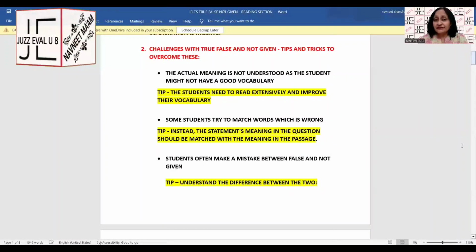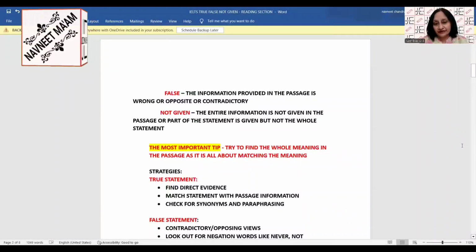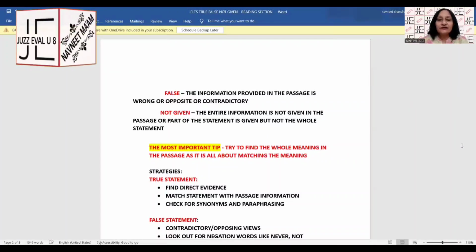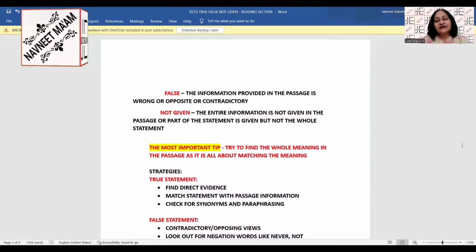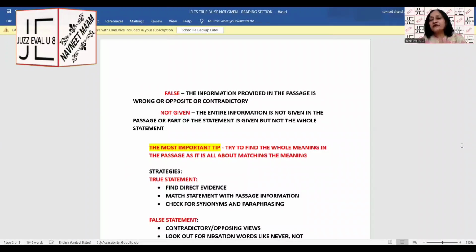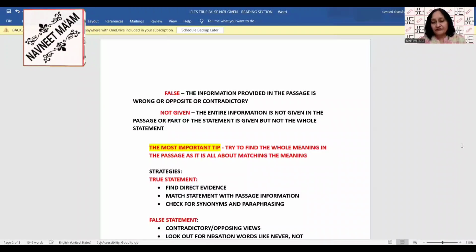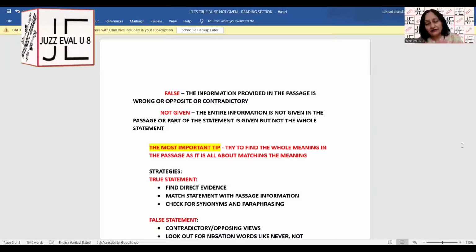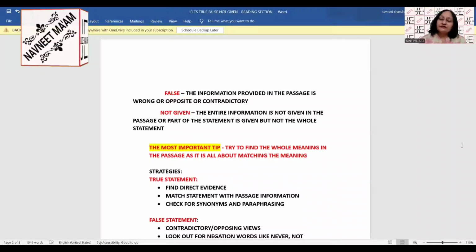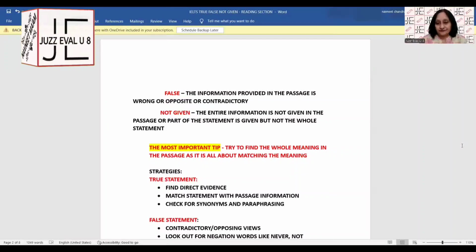So what's the difference? In false, the information will either be contradictory or it will be wrong. For example, the question says that he has so many pairs of shoes, whereas the passage says no, he has more than that. Or if the question says that he had gone to the market, but in the passage it mentions no, he'd gone to his school.